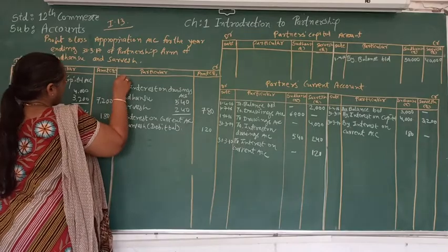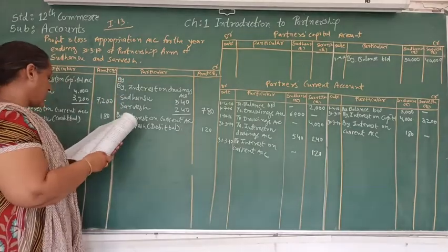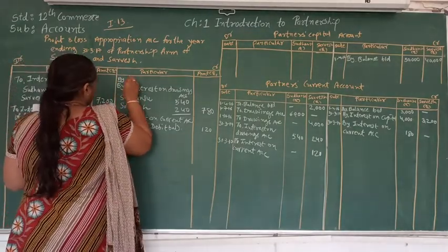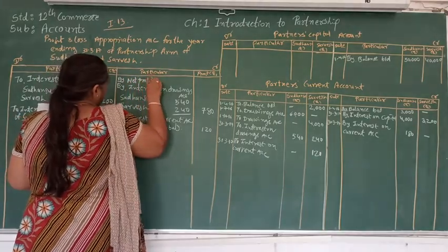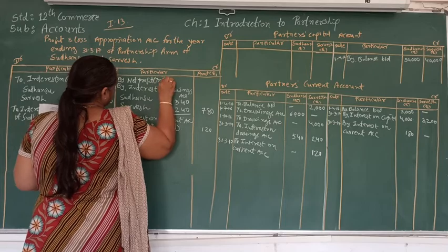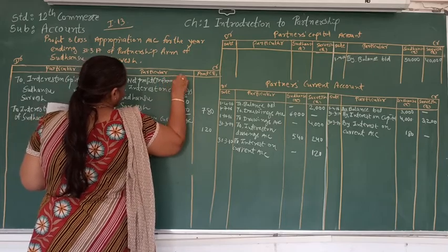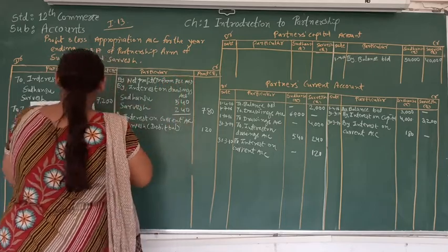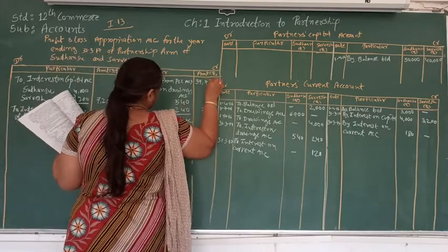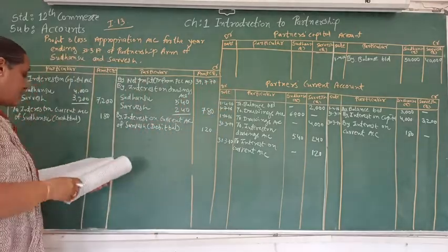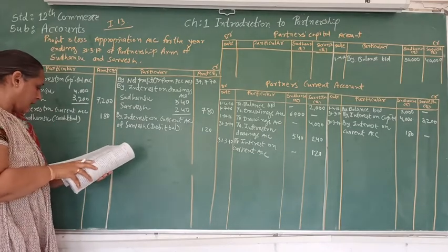That is from the profit and loss account. By net profit transfer from profit and loss account, and that is given to us here. The sum is 37,770.